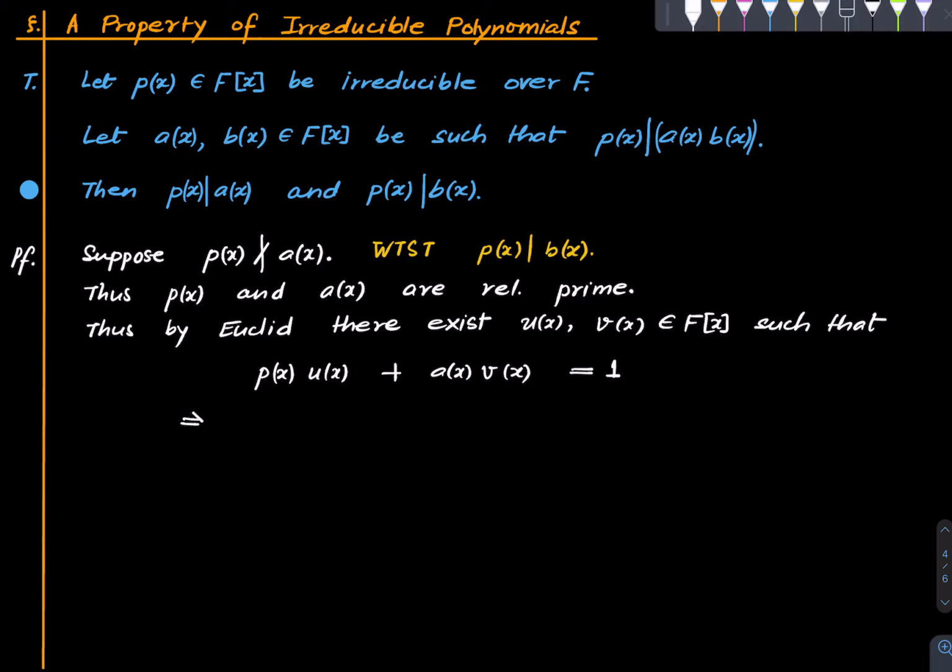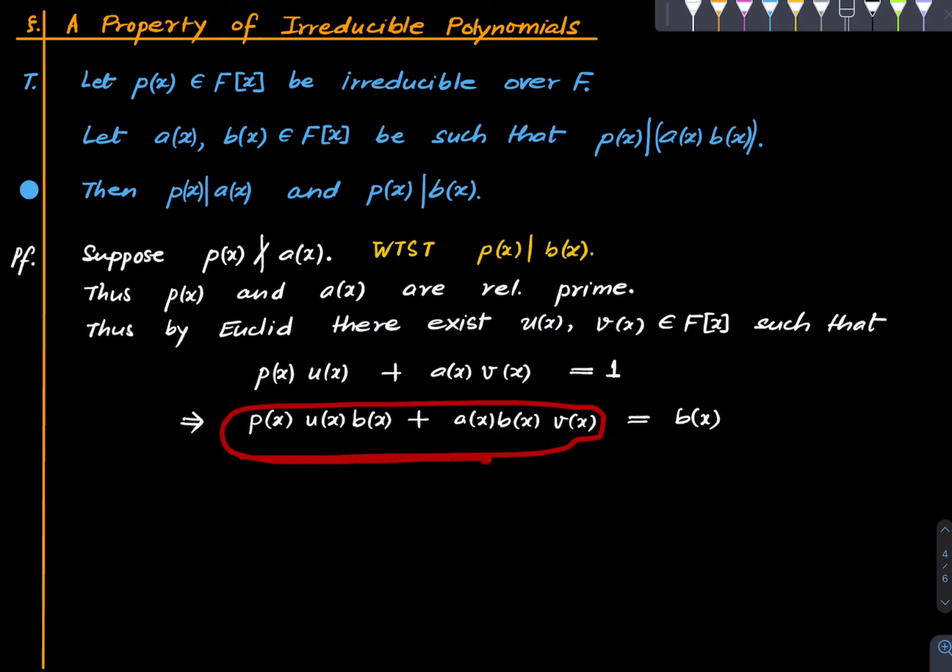Multiply both sides by b(x), so we get p(x)u(x)b(x) + a(x)b(x)v(x) equals b(x). So this first term is of course divisible by p(x), there's a p(x) sitting right in front. This second term is also divisible by p(x) by hypothesis, and therefore the left hand side is divisible by p(x), and hence the right hand side, and that's what we wanted to show. So that's it. I'm not writing those steps.